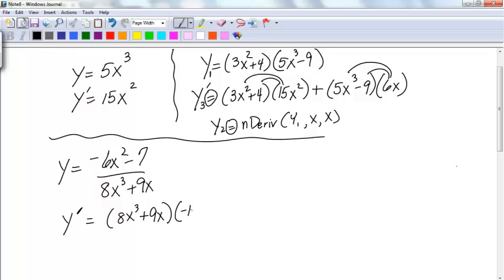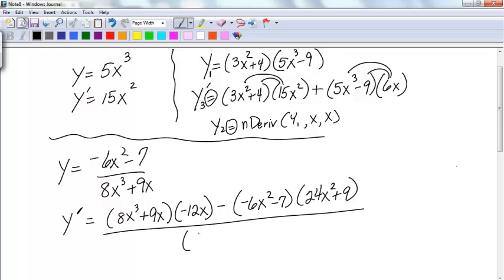Negative 12x, and then minus, then leave the numerator the same times the derivative of the denominator, which would be what? 24x squared plus 9. And then it's all over that denominator squared. Usually they don't square that out. If you do square that out, remember it's a trinomial square on the bottom. And you would have to simplify all of that out.